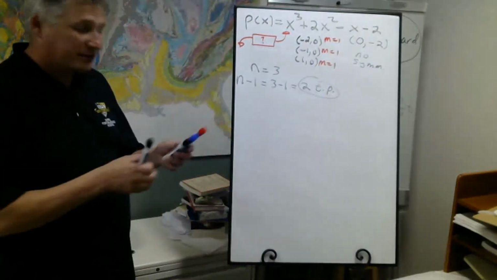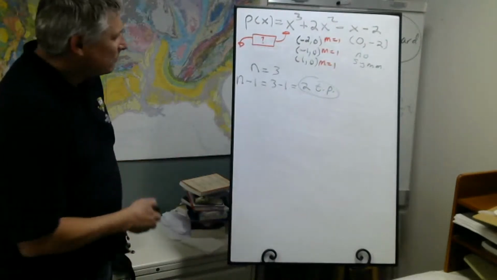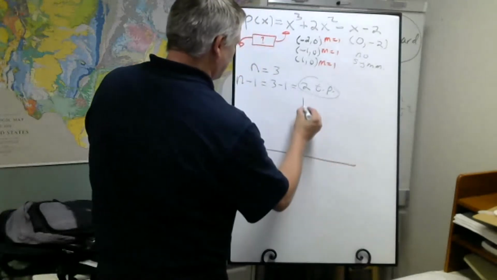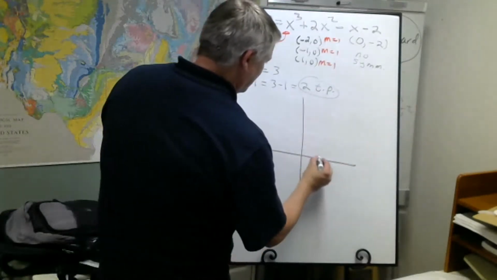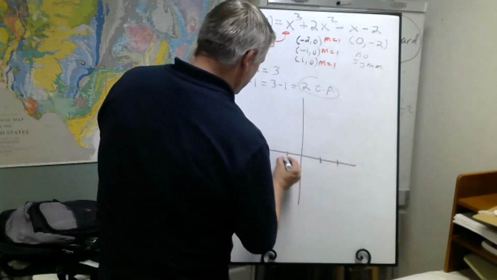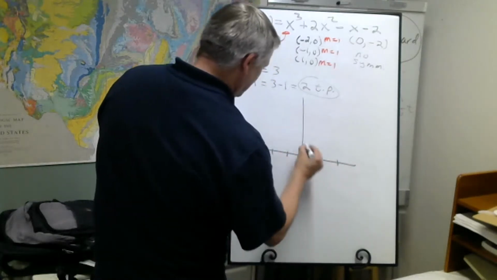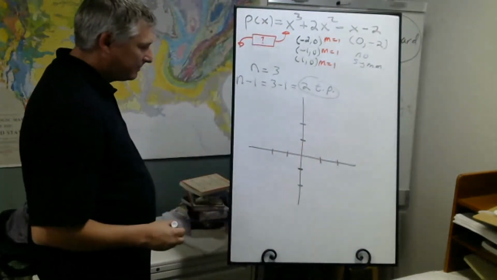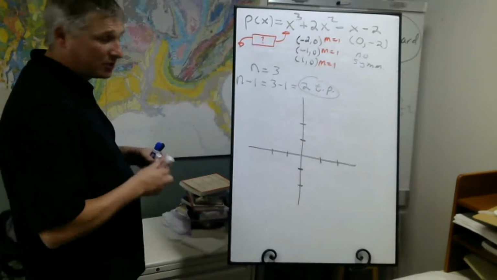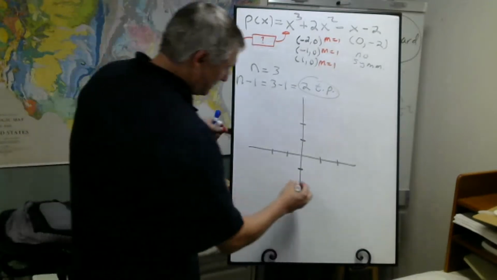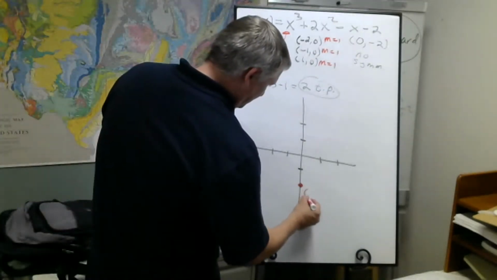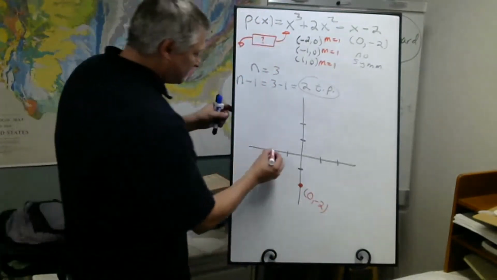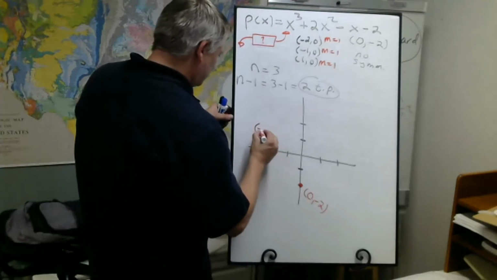So let's use this to try to graph the thing. At first, let's put in all of our intercepts. We have a y-intercept at 0, negative 2. It's going to be right here. We have an x-intercept at negative 2, 0.